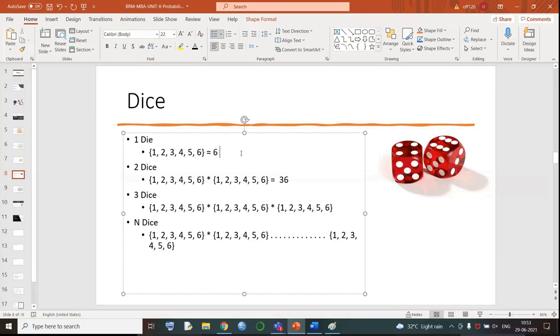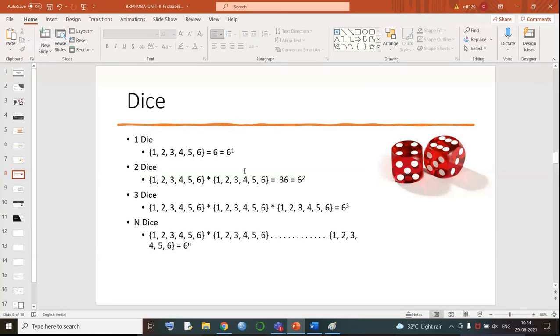Okay. So, that means again, here the answer would be, when 1 die is rolled, the answer is 6 power 1. Now, when 2 dice are rolled, the answer is 6 square, that is 36. Similarly, when 3 dice are rolled out, the answer is 6 cube. And finally, when n dice are rolled, our answer is 6 power n.